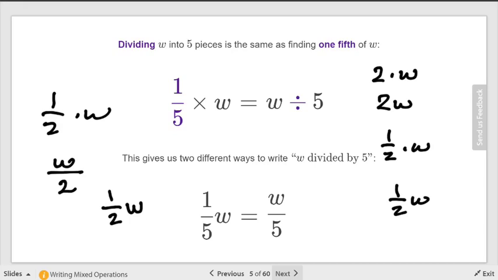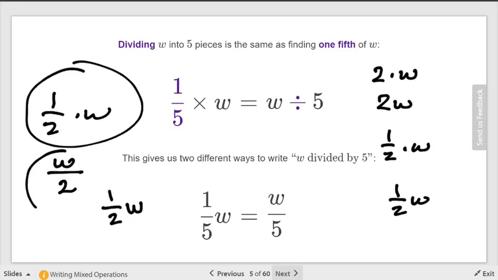So multiplying by 1/2 is the same as dividing by 2. So 1/2 times W, W over 2, and 1/2 W are all identical. They mean exactly the same thing. And you're going to see them in that format all the time.